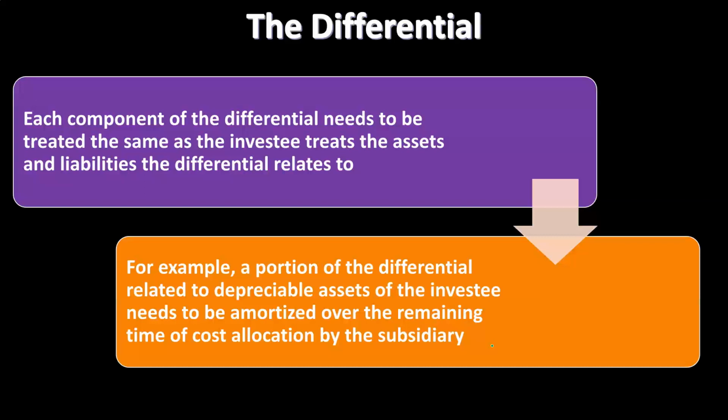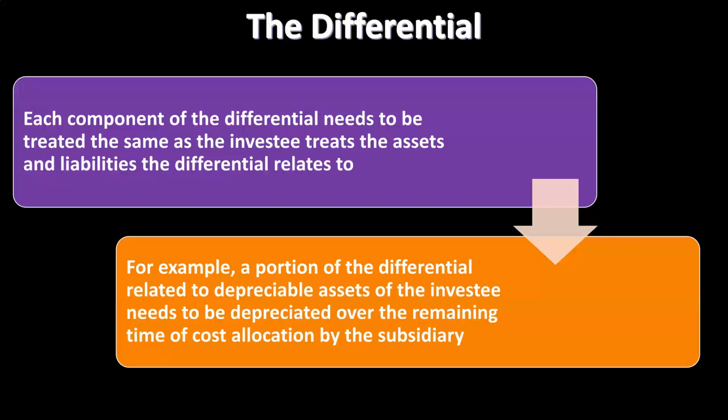Once we know that, then we can account for the differential in a similar fashion to the accounts we are applying that differential to. For example, a portion of the differential related to depreciable assets of the investee needs to be amortized over the remaining time, depreciated, of cost allocation by the subsidiary.